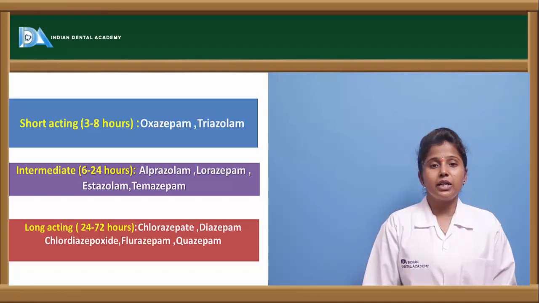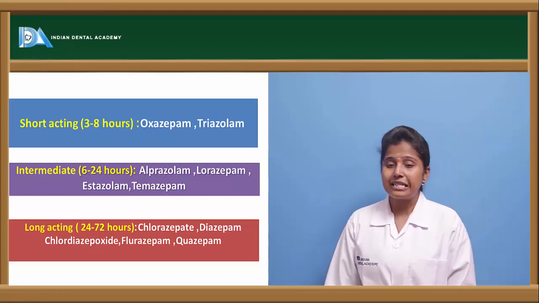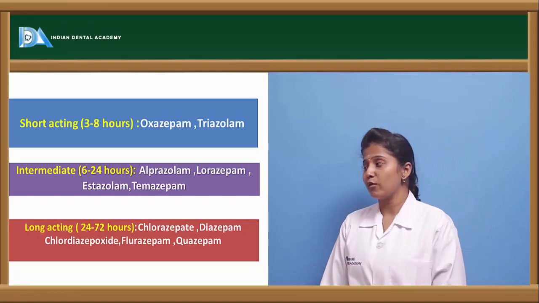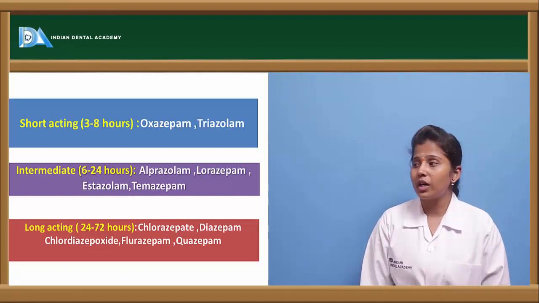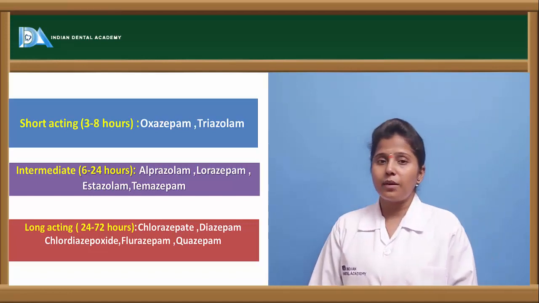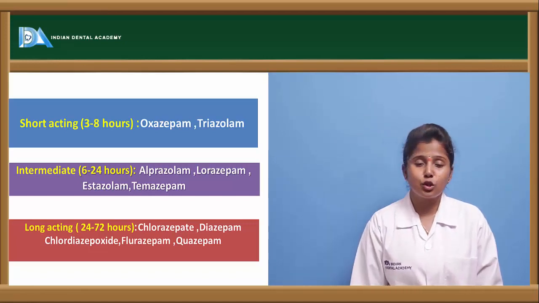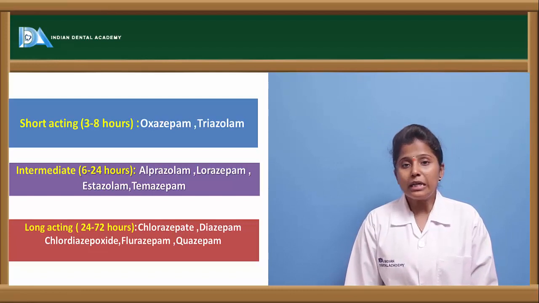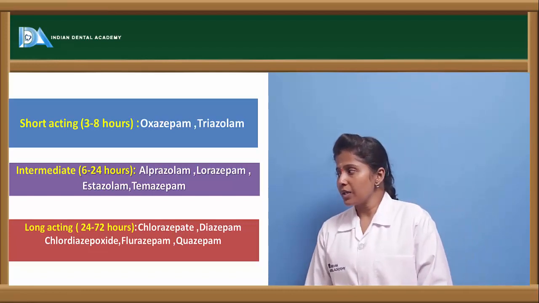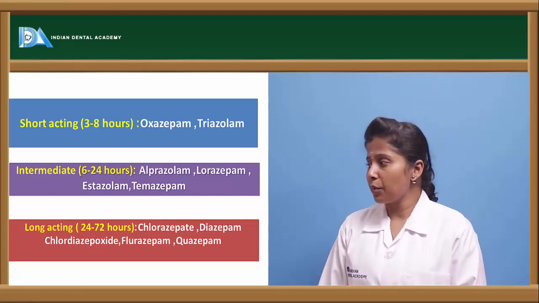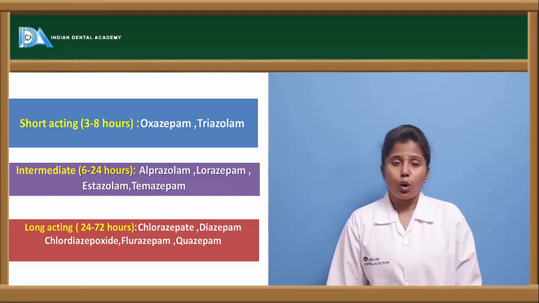The intermediate or medium acting drugs exert their actions within 6 to 24 hours, and these include alprazolam, lorazepam, estazolam, and temazepam. And the long acting drugs, which show their actions for almost 1 to 3 days, are clorazepate, diazepam, chlordiazepoxide, flurazepam, and quazepam.